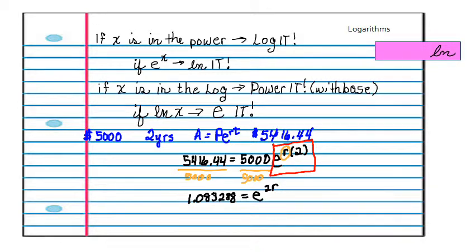So now what we're going to do is ln both sides. ln, just the opposite. It's all about the inverse. And you take your handy dandy little calculator and find out that ln 1.083288 is 0.08.